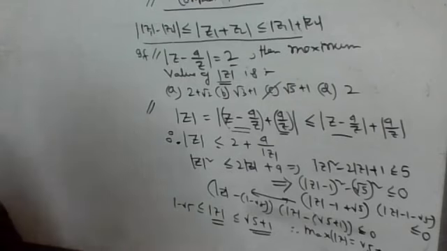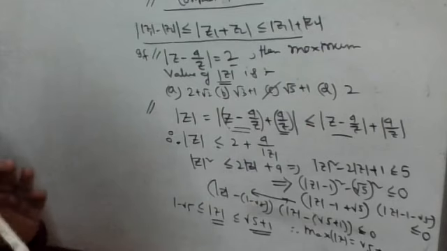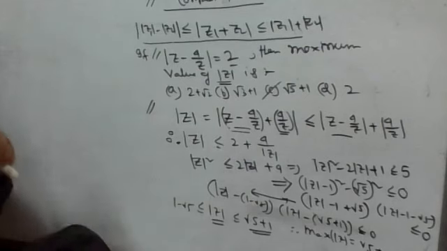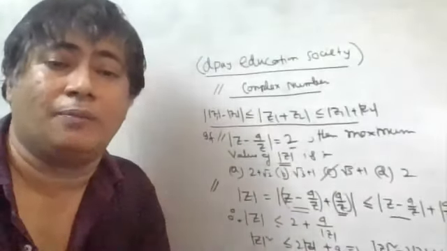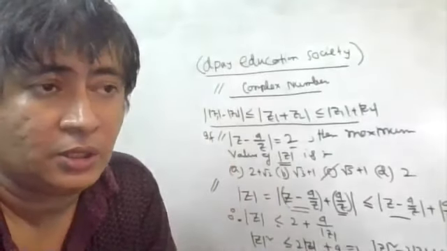Then the theoretical part of complex numbers, apart from geometry, because coordinate geometry and vectors have a strong relation with complex numbers.